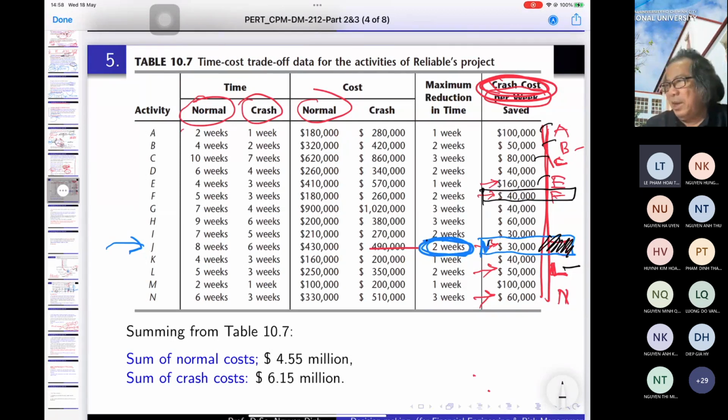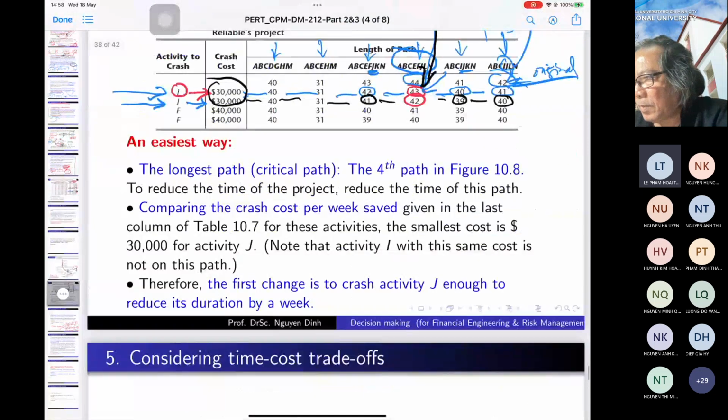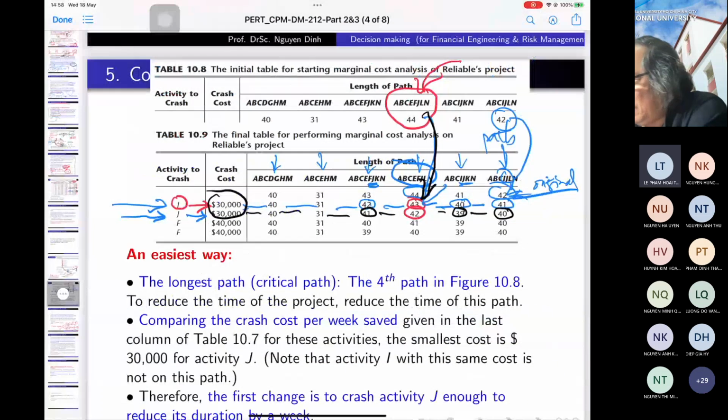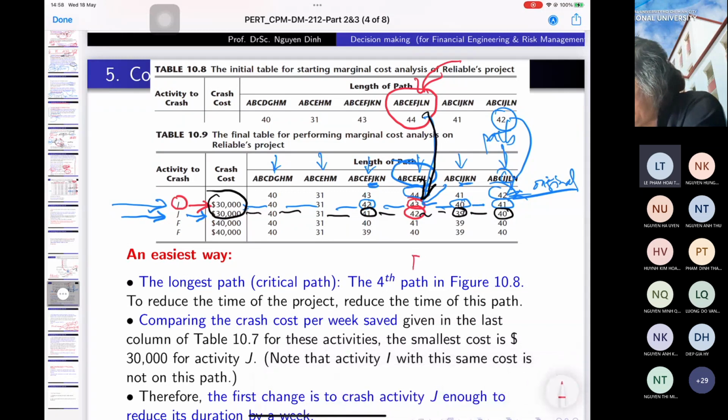$40,000. And now, how many weeks? You also can reduce 2 weeks on this. And so if you look at the table we have here, that is 42 weeks. Now, if you reduce F 1 week and then reduce 1 week more, then you get 40.